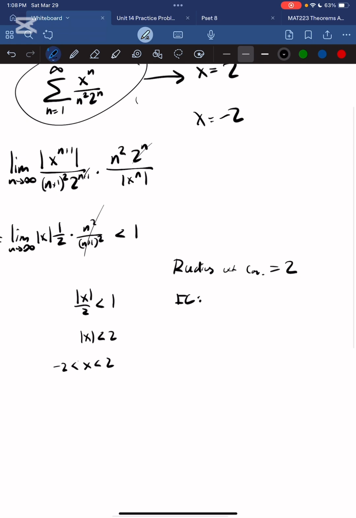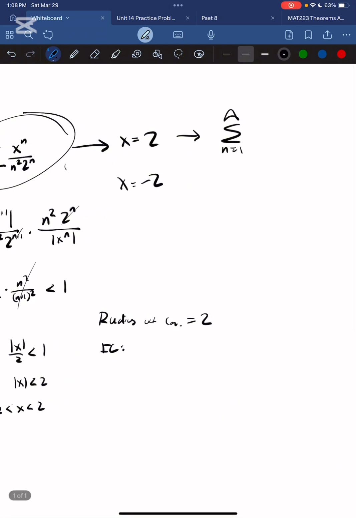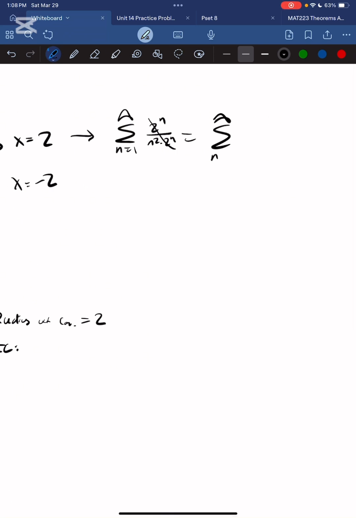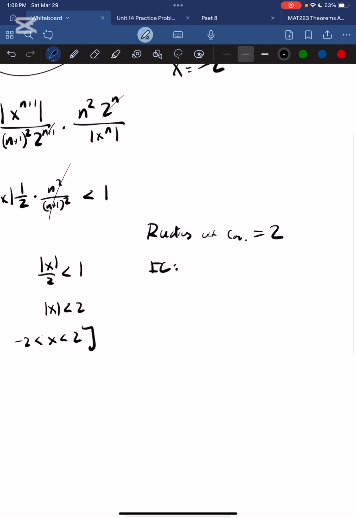So to find our interval of convergence, let's plug in x equals 2, and we end up getting the sum from n equals 1 of 2 to the n over n squared times 2 to the n. And this is just 1 over n squared, which is absolutely convergent. So we can include this point.